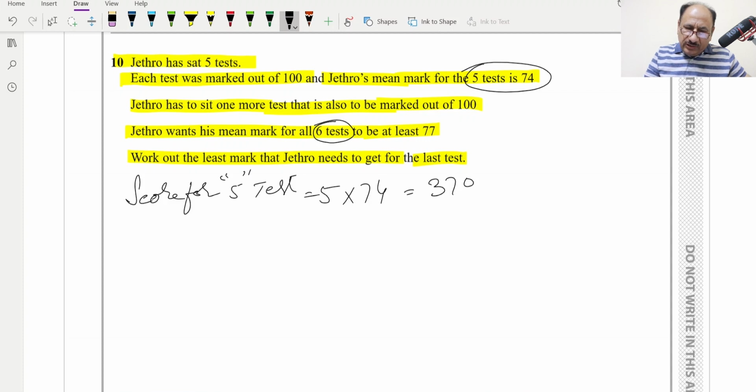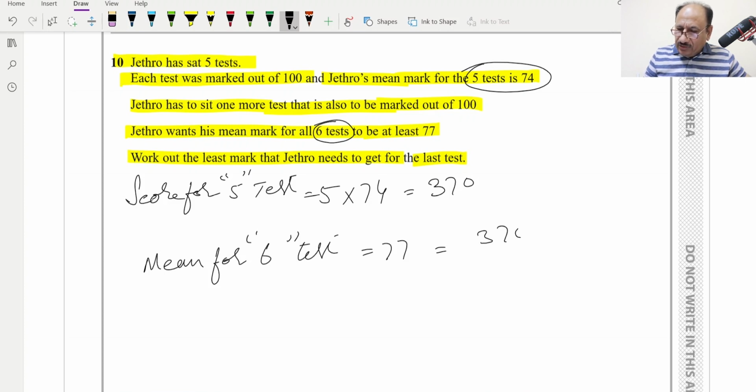Jethro wants his mean score for 6 tests to be at least 77. So mean for 6 tests should be equal to 77, and we can suppose the sixth score is x, so this is equal to what? 370 plus x divided by 6 should be equal to 77.